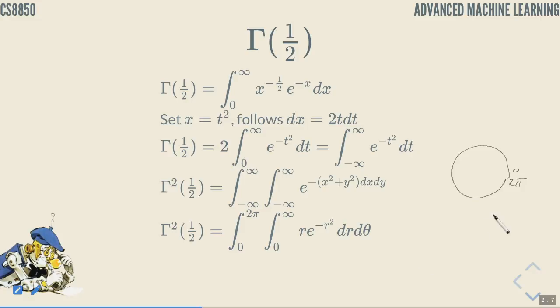It will be 2 pi, the full circle. And interestingly, the inner one is also easy to calculate. You can do it yourself, but so what is the antiderivative of r e to the minus r squared?